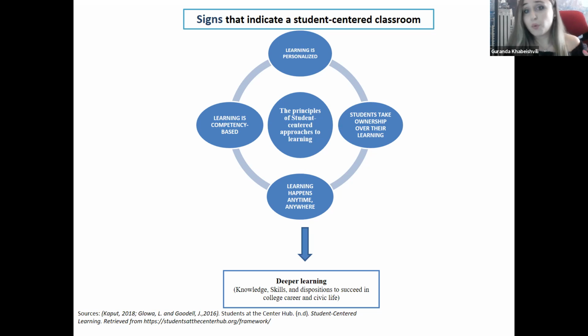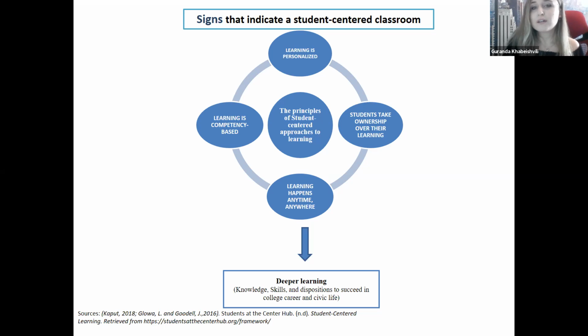It's very important to give them the choice and a chance to make decisions in the classroom, and that is what we call students taking ownership over their learning. When we give them the role of decision maker, they feel that they are leaders.